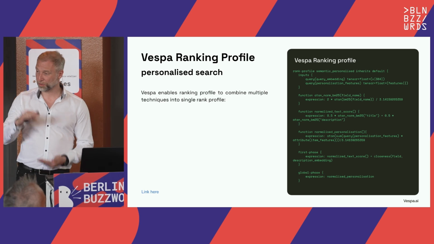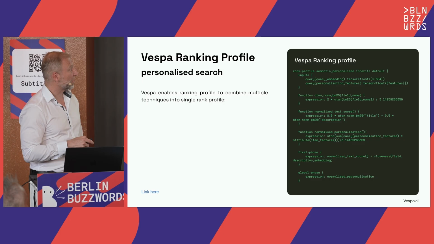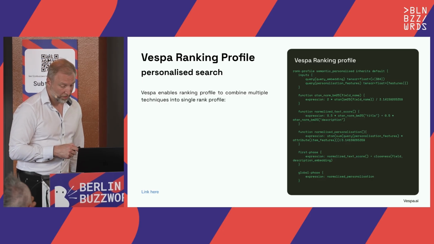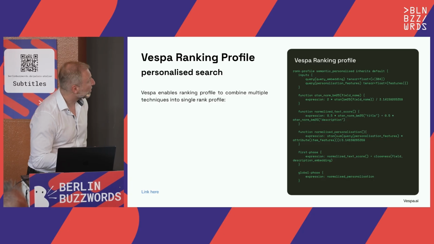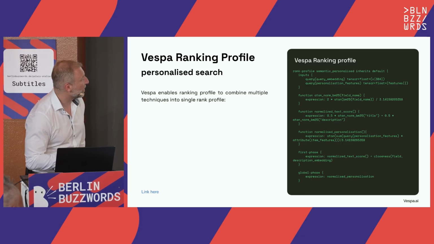So it goes from 0 to 1 at maximum. We need to have that in the same space of ranking. So this is how the combination between BM25 and the semantic score works. That's normalization. And then this is closeness and description field embedding.